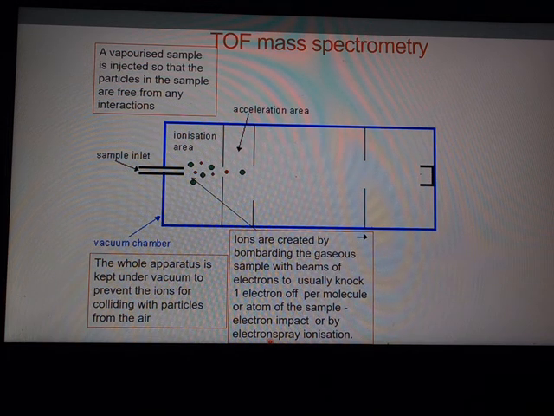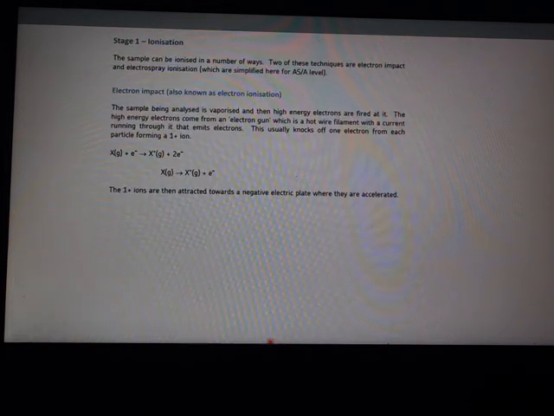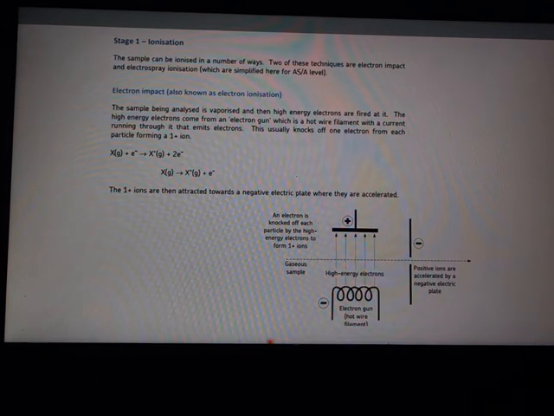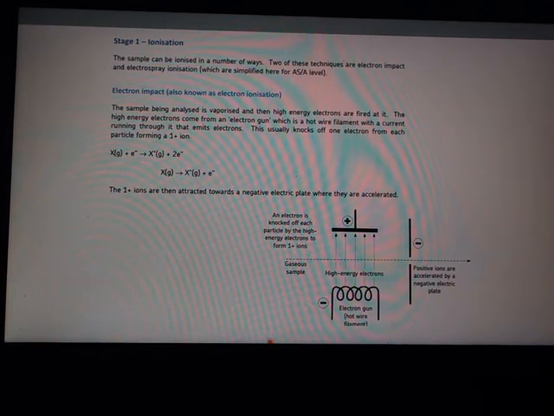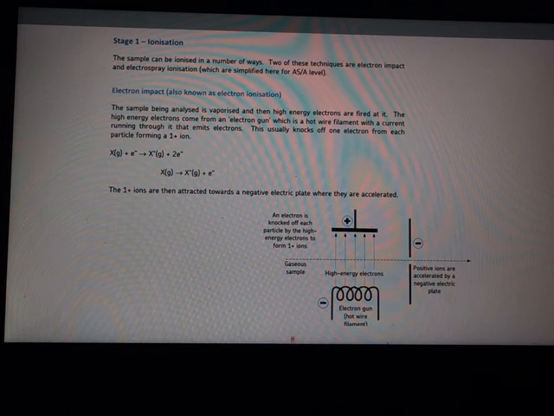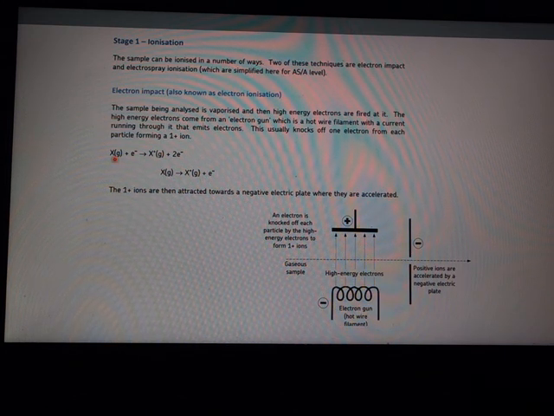So electron impact works by bombarding the gaseous sample, our sample that's turned into a gas, with electrons, and these electrons will take 1 electron from the sample. So we've got a gaseous sample, which is a neutral substance, not charged. We take 1 electron from it and we turn it into a positive ion.